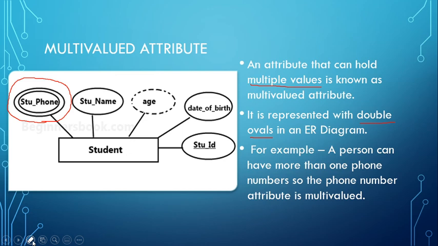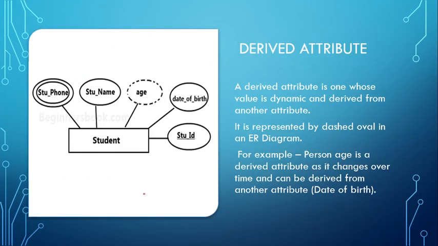And let's go to derived attribute. A derived attribute is one whose value is dynamic and derived from another attribute.